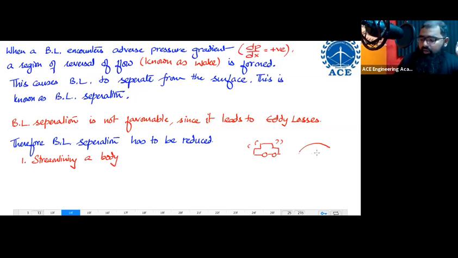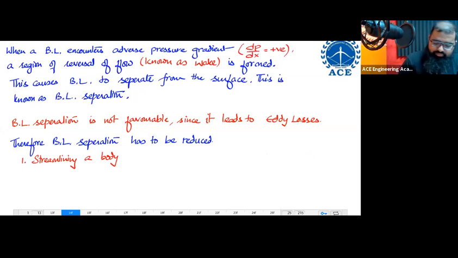But if you make the model more and more sleek, I can't draw a better diagram, you imagine the diagram, then the body has become more streamlined. The boundary layer separations reduce. Once the boundary layer separations get reduced, automatically the fuel efficiency is going to increase. So one method, the most important method, is streamlining of a particular body.